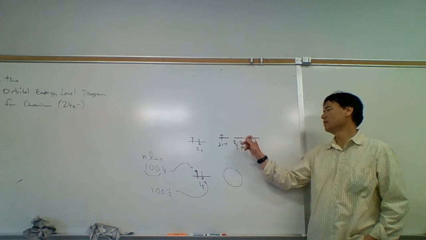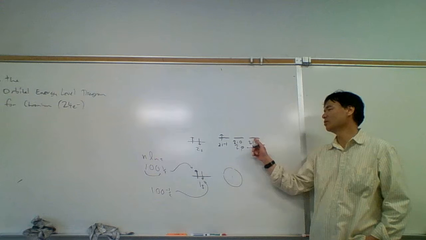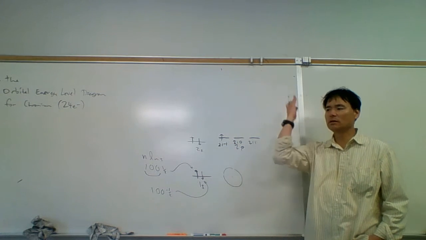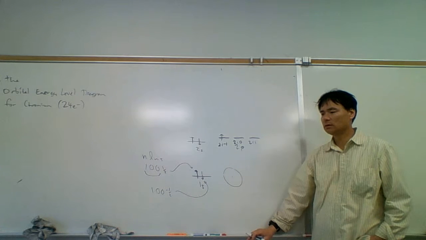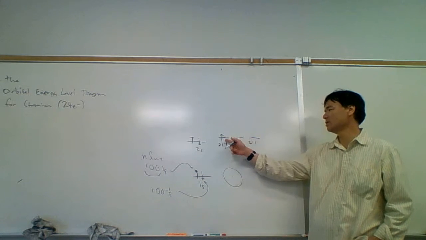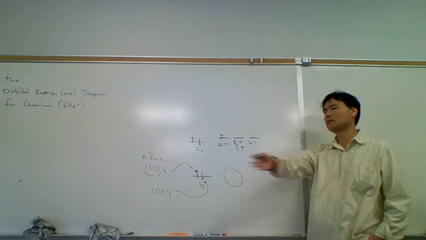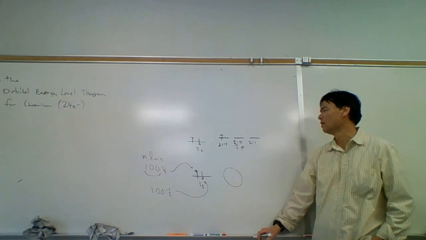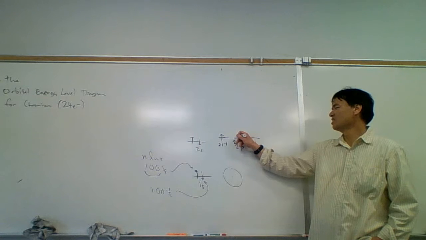And then where do we put the next electron? The next electron can go on either one of these. It doesn't matter because they're just orthogonal to each other, 90 degrees. So it's the same. One's on this axis, the other's on this axis. So the same energy. And so the next electron is going to go here, Hund's rule.